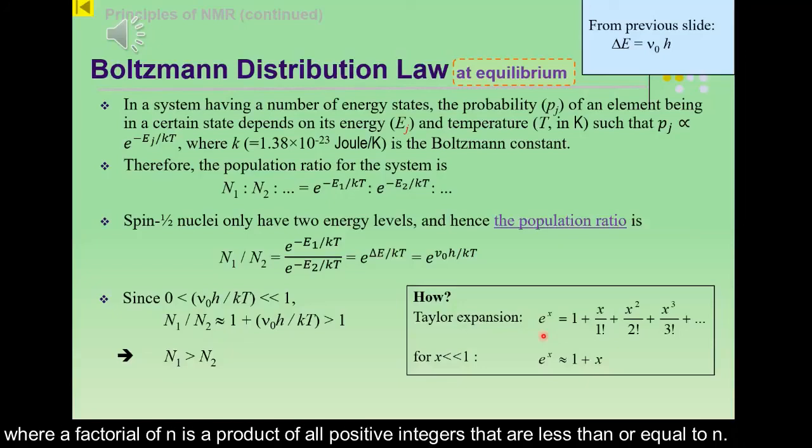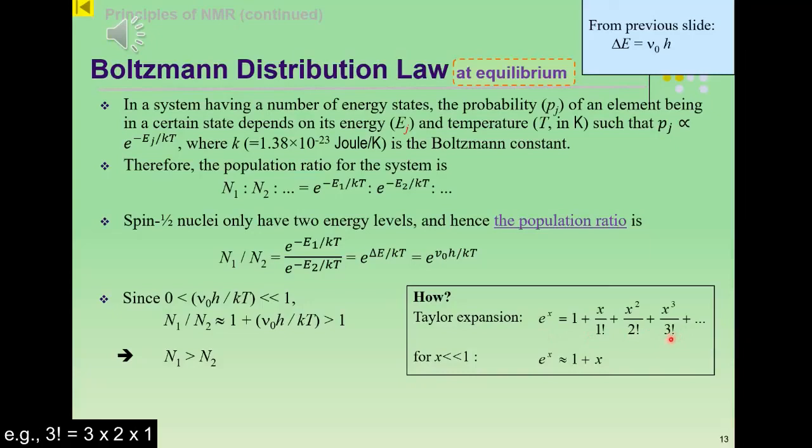Where a factorial of n is a product of all positive integers that are less than or equal to n. For example, 3 factorial is 3 times 2 times 1.